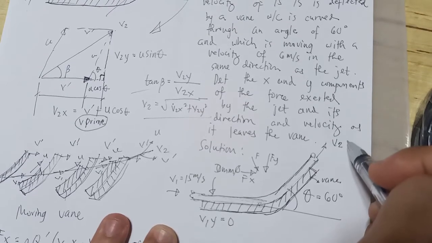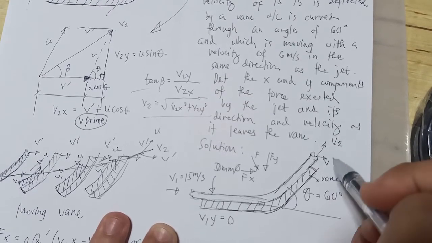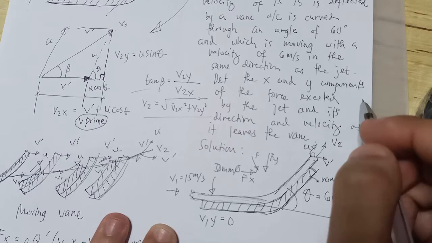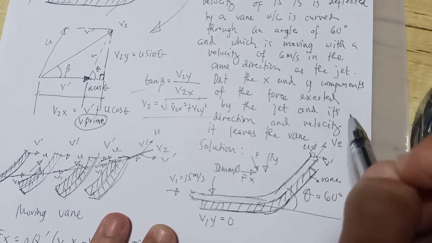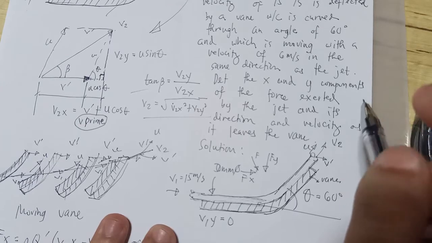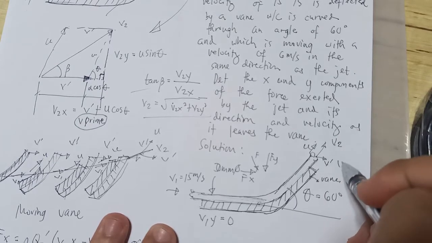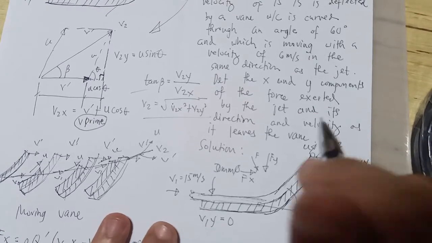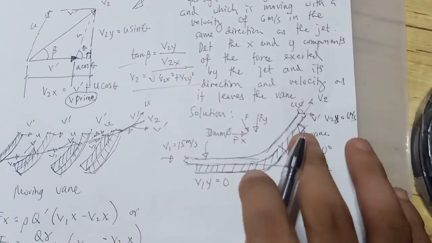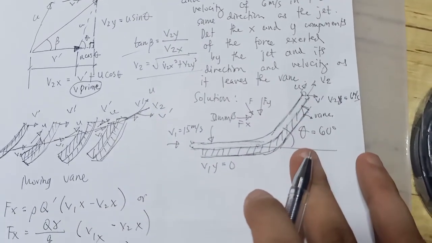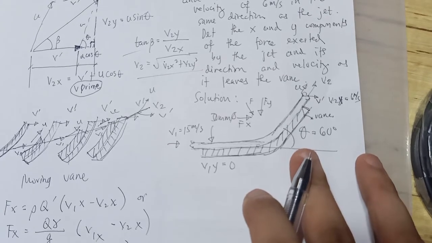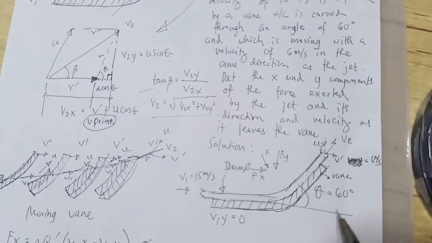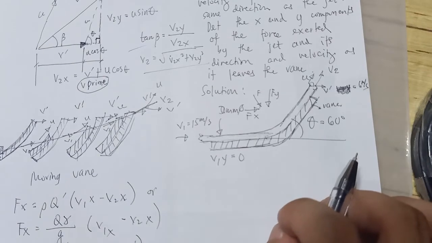So v sub 2, v sub prime, the relative velocity u, and take note that the v sub 2y is 2x is... No, I mean this 6 meter is the v prime, which is again the velocity of the vane.